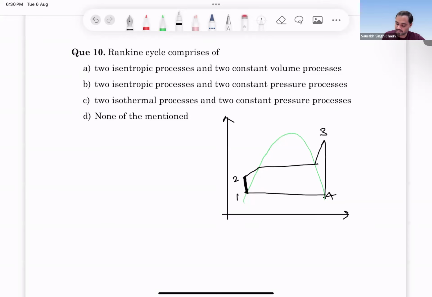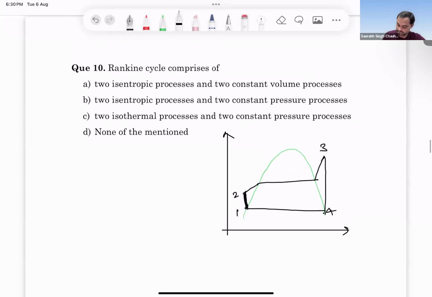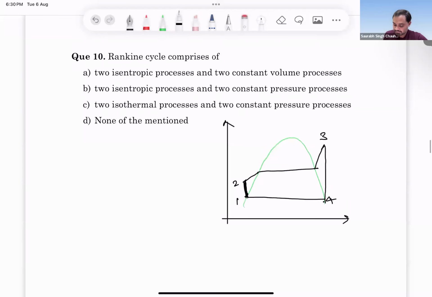And 4 to 1, we assume that it is isothermal heat rejection. And since temperature is constant from 4 to 1, the pressure will also be constant because it is in the saturation region.